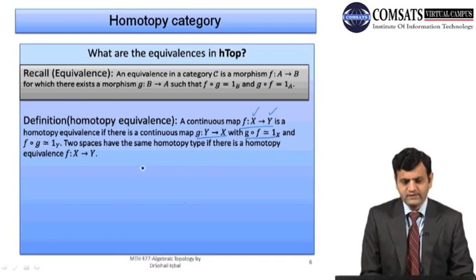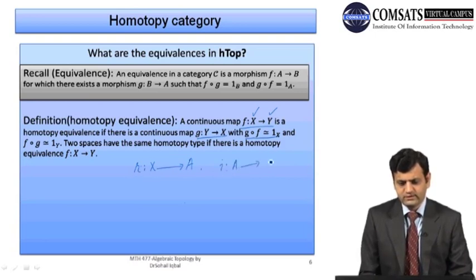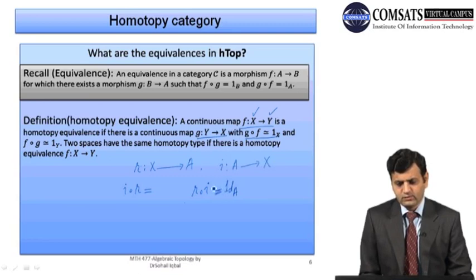If you look at the definition of deformation retract, the subspace A of X is a deformation retract if there exists a continuous function R from X to A, and of course the embedding is continuous, such that, every deformation retract is also a retract. Applying the condition of retract, if we start from A and apply R, then this is equal to the identity of A. Of course, if it is equality, then it is homotopic as well.